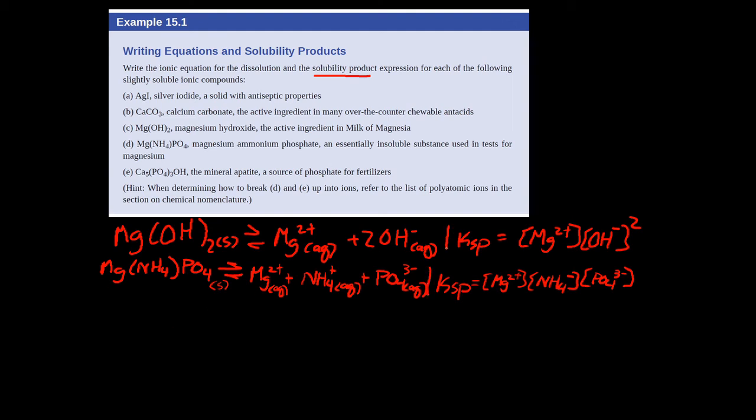Alright, so then the last one here, we have a lot going on. Let's see, we have Ca5(PO4)3OH, which is a solid. That is going to break apart into 5 calciums, 3 phosphates, and a single OH minus.